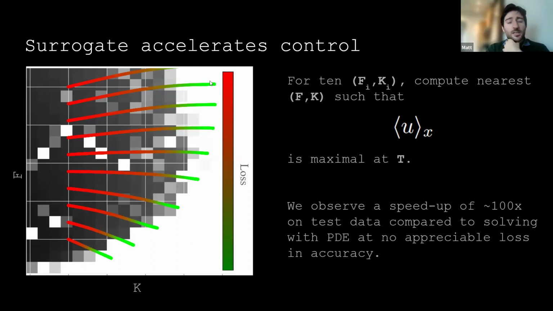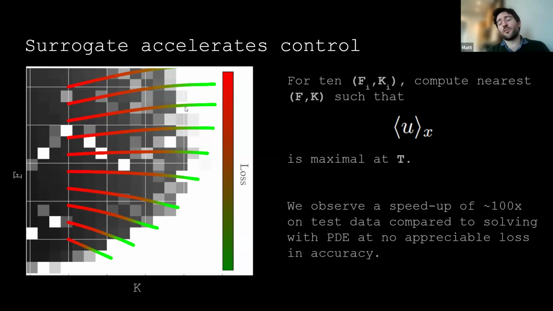And what we find is that by performing a sensitivity analysis, by figuring out how F and K relate to that macroscopic observable on the surrogate now, not on the full PDE, we can indeed solve that control problem, and we can do it much more quickly.